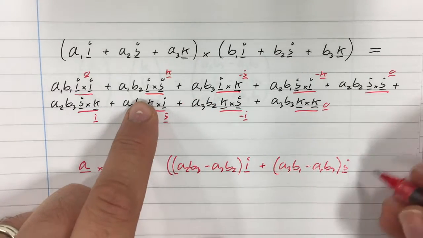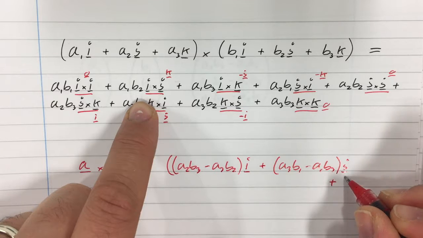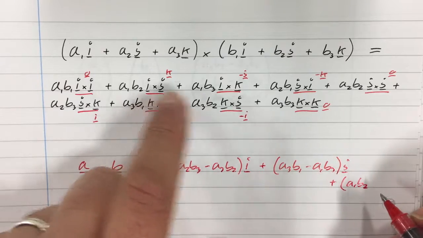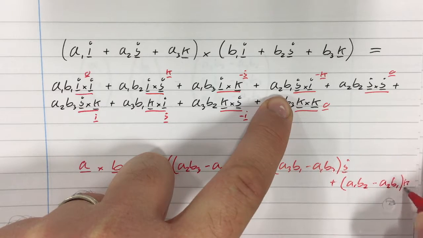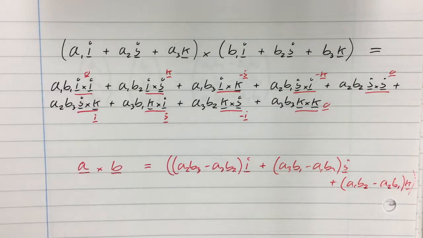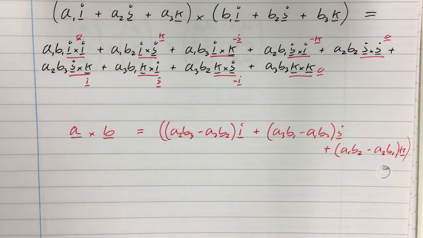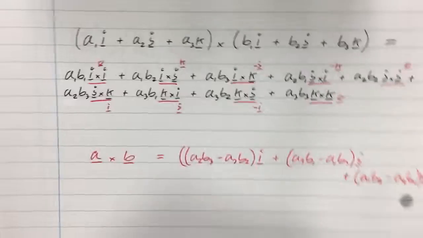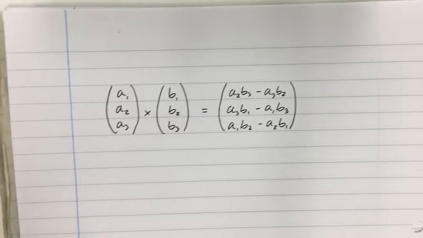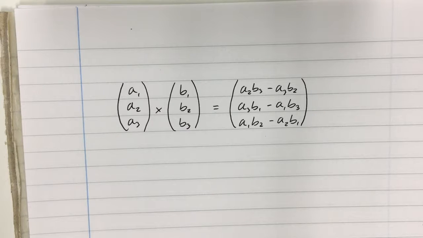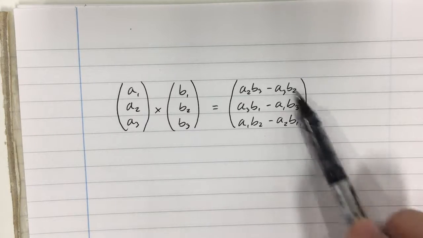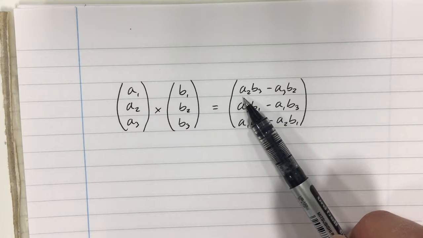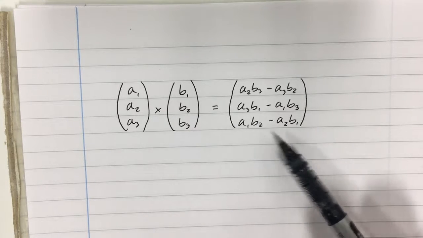And in the k direction, we've got A1 B2 minus A2 B1. And that is the cross product. There we go. That's the general rule. So cross producting any 2 vectors, we end up with this vector here in terms of all our coefficients of A and B.